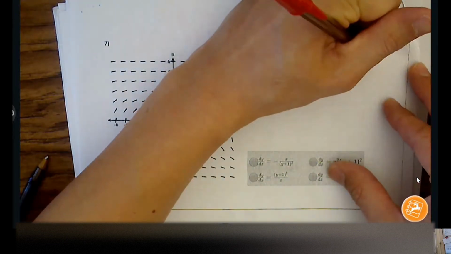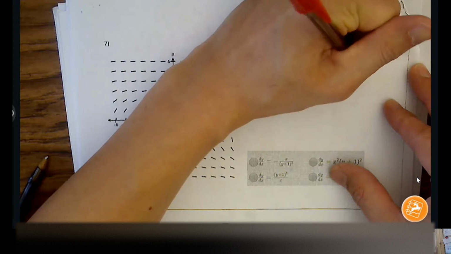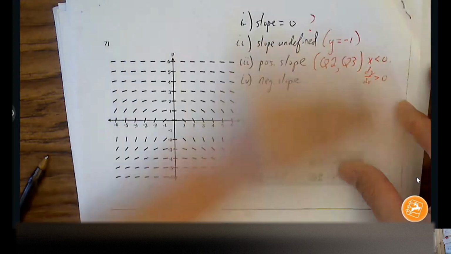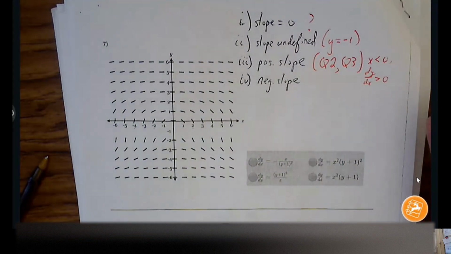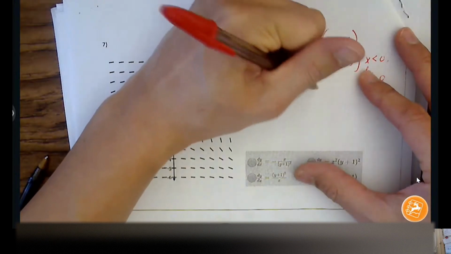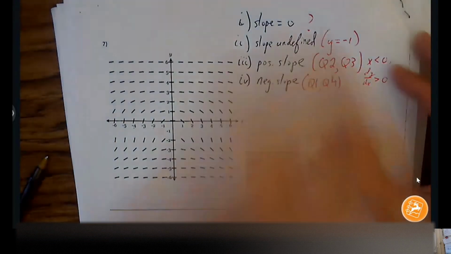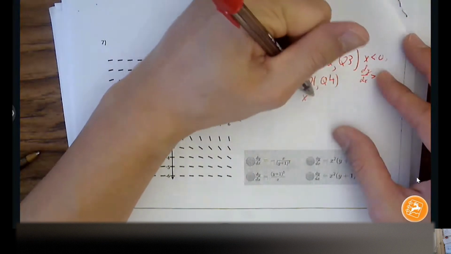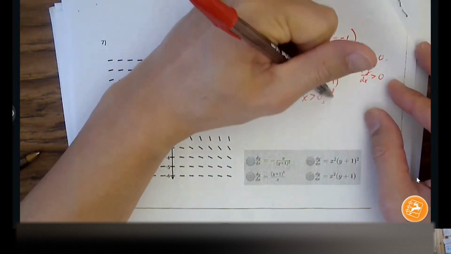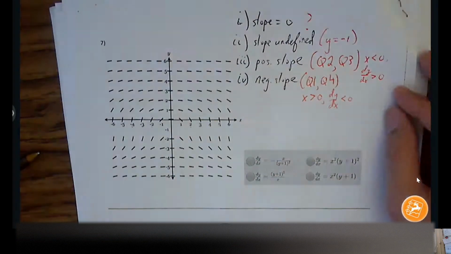Whenever x is negative, we should get a positive derivative. Okay, where do you see negative slope? Well, the other half. Mm-hmm. Where x is greater than 0. Yeah, whenever x is greater than 0, dy/dx should be negative.